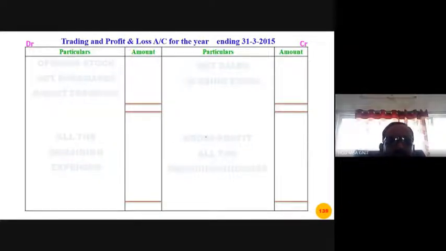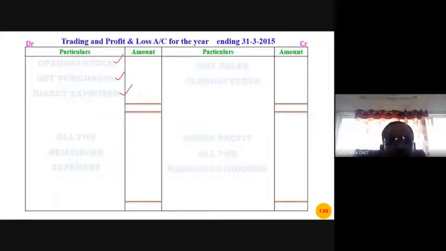In the trading account on the debit side, what are recorded generally? Opening stock, net purchases, and direct expenses. Net purchases refer to purchases minus purchase returns. Direct expenses are those expenses incurred at a factory level, until goods are manufactured.